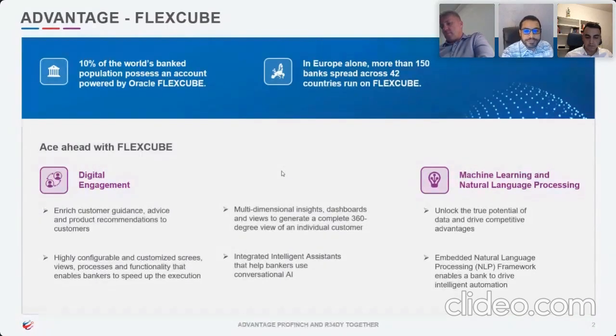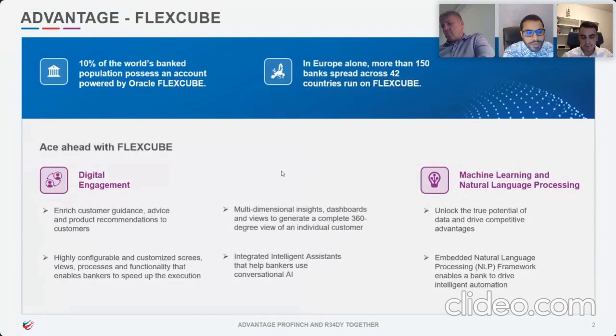I will first talk about FLEXCUBE, the changes that have come in, and then I'll try to cover the implementation patterns, and then we'll talk about the reasons or add-ons or the actual value add that we can achieve through upgrades, and how Profinch, some of the tools or some of the learnings that we have had during these multiple upgrades that we have taken up, I'll share those as well.